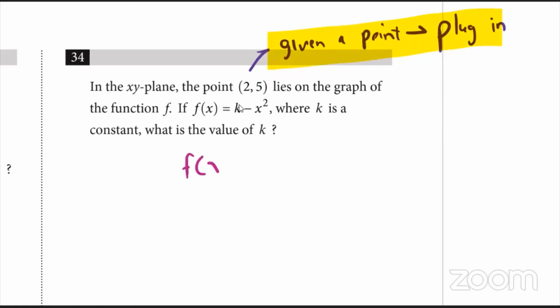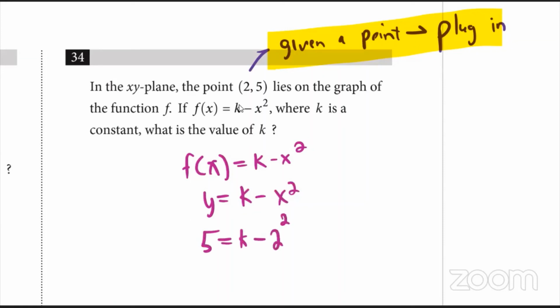So we have f of x equals k minus x squared, and f of x is just your y. So the x is 2 when y is 5. So we plug in x is 2 and y is 5. Add 4 to both sides. K equals 9. What's the value of k for number 34? It's 9.